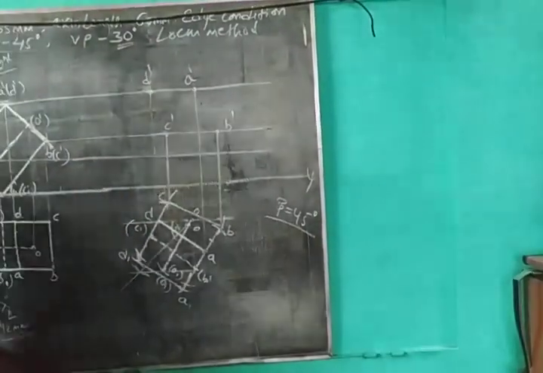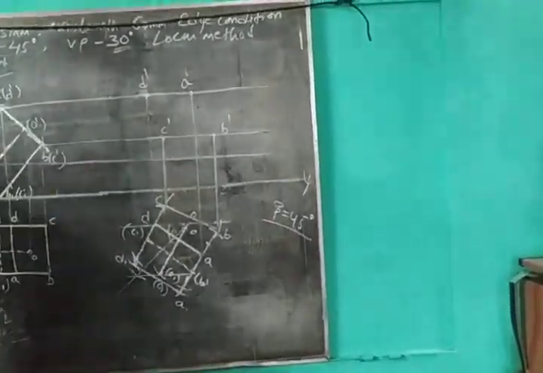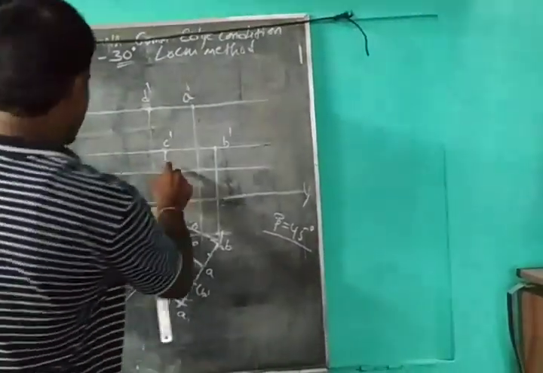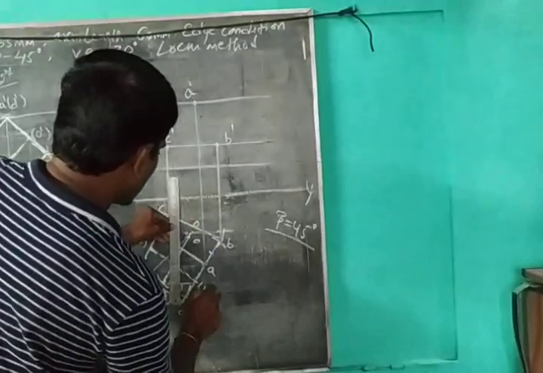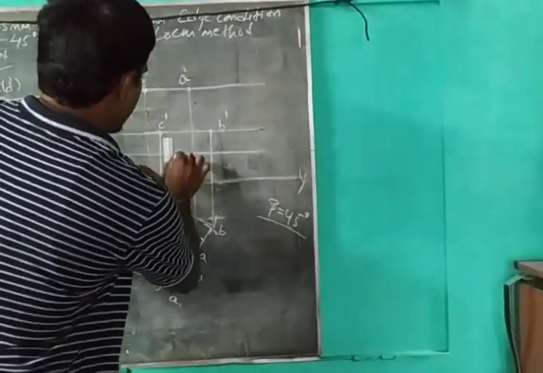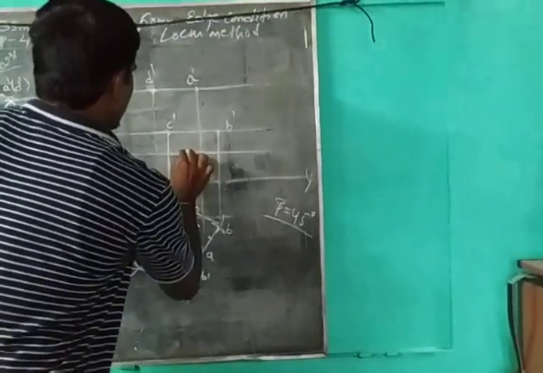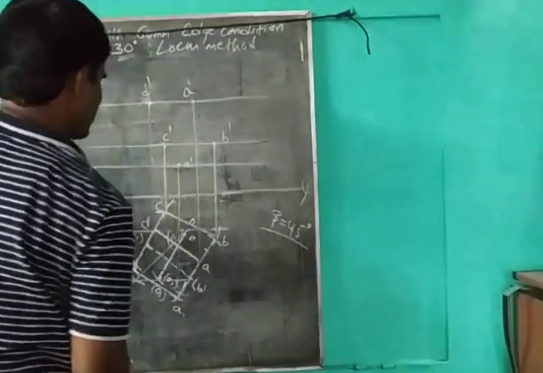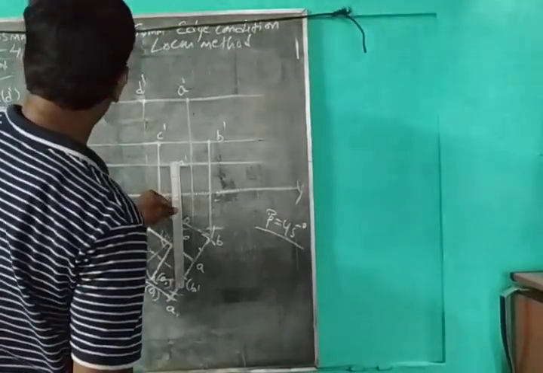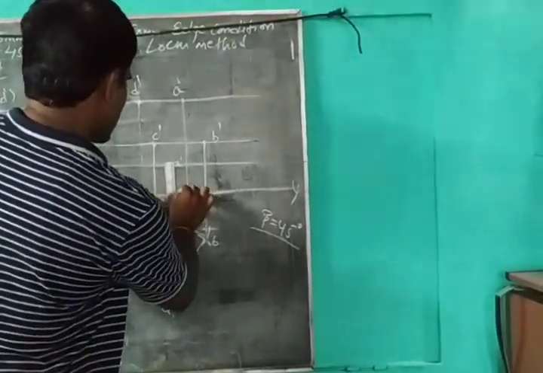We got the 4 points. Similarly, A1, B1, C1. So A1 is here, and here it's A1. B1 is here.